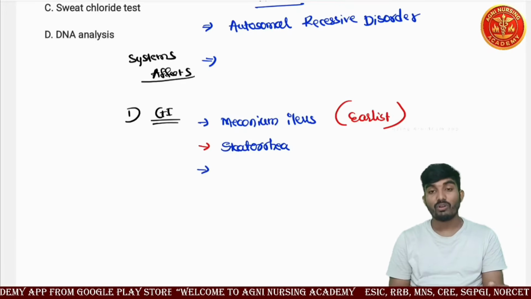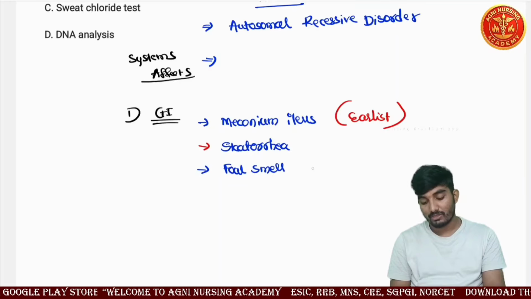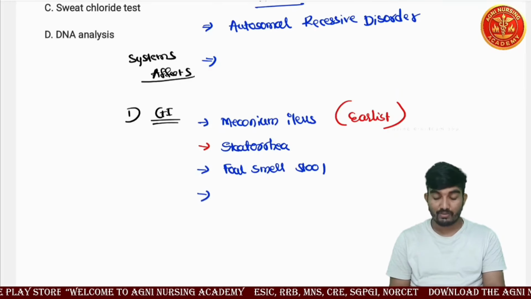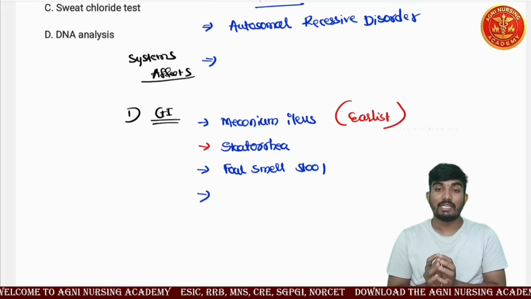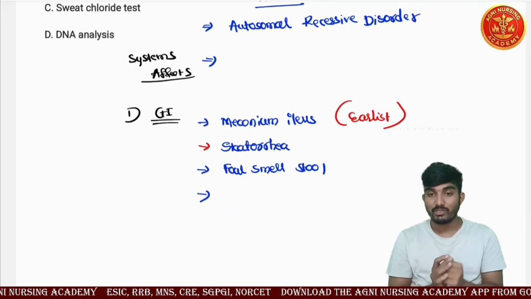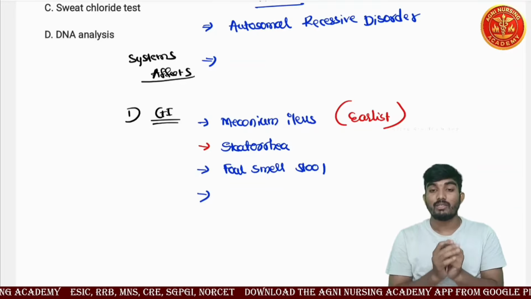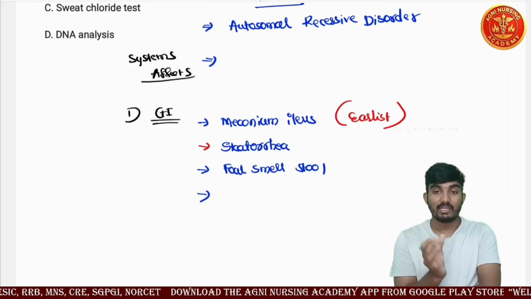Another one is foul smelling stool, because digestion does not occur correctly in the intestine and bacteria are present. Food comes from the stomach to the intestine, and some of the food particles present there are eaten by the bacteria.